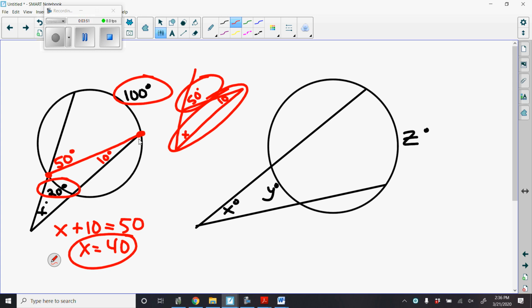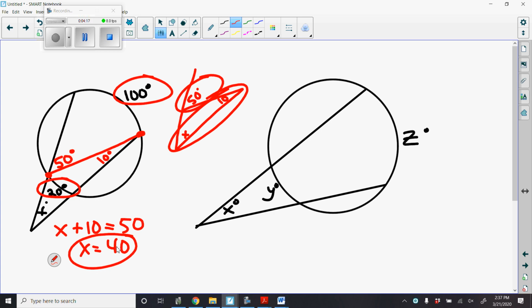Well, if we take a look at these, let's think about what we were doing. We were taking half of this one, 50, minus half of this one, 10. And what we can see here is we can do this bend, 100, minus 20 gives us 80, and 80 divided by 2 gives us that answer of 40.